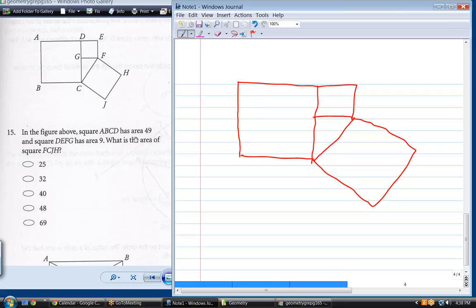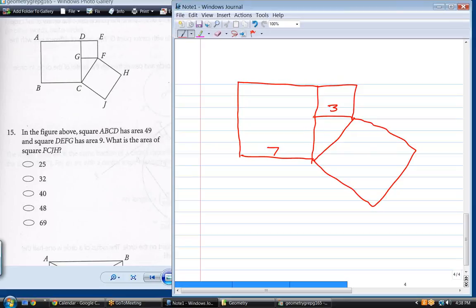All right. If square ABCD has area 49, what's one of its dimensions? 7. Okay. If DEFG has area 9, what's one of its dimensions? 3.